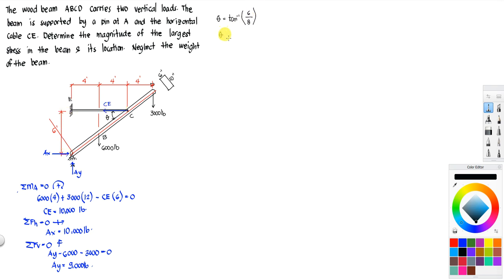Okay? And then, store nyo na lang sa inyong values. Arctangent of 6 all over 8. So, that is around 36.87 degrees. Okay? Ayan. Ilagay ko sa A, no?